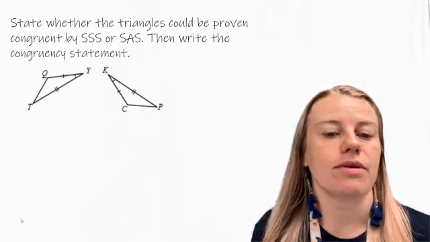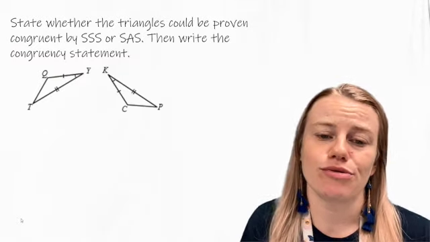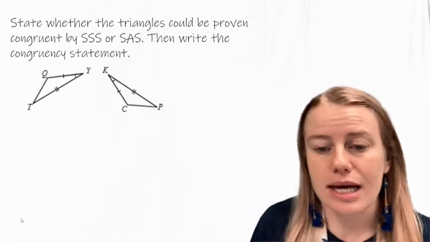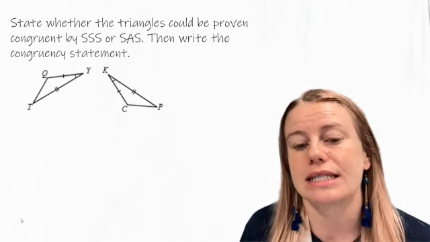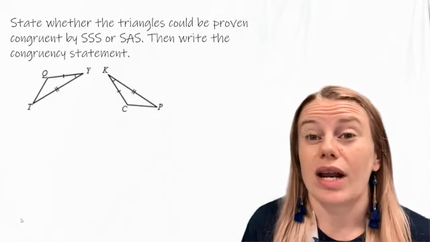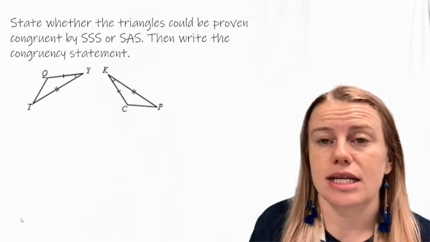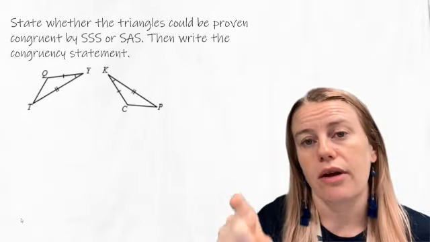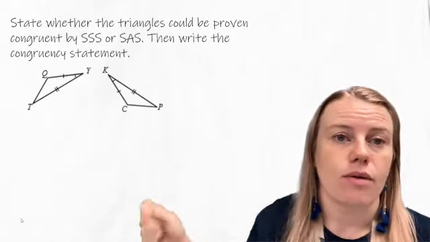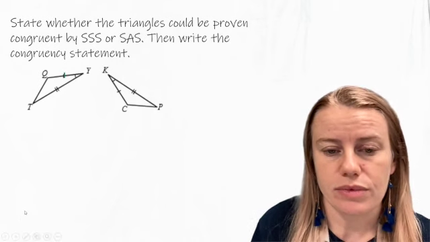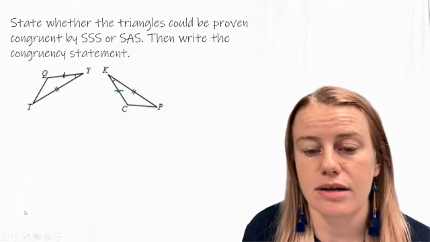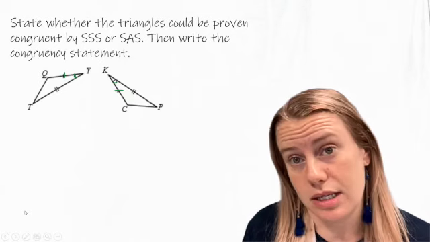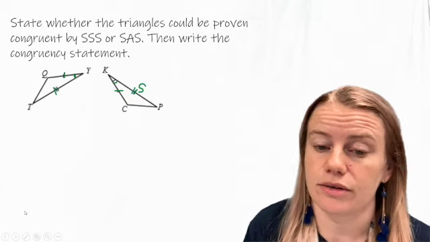All right, example: state whether the triangles could be proven congruent by SSS or SAS, then write your congruency statement. What I like to do is look at what's congruent from one triangle to the other, and write down an S or an A. So we got this side congruent to this one, this angle congruent to this angle, and this side congruent to this side.